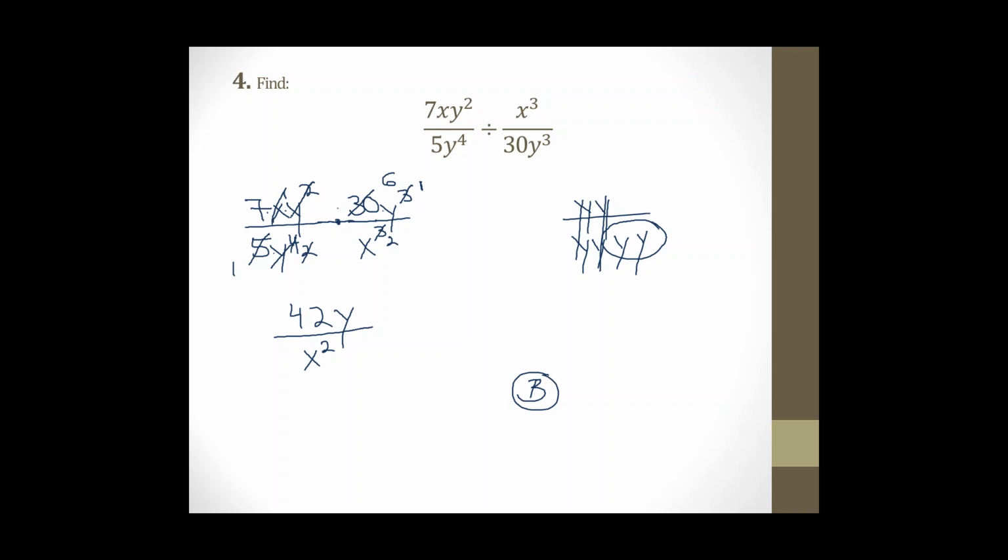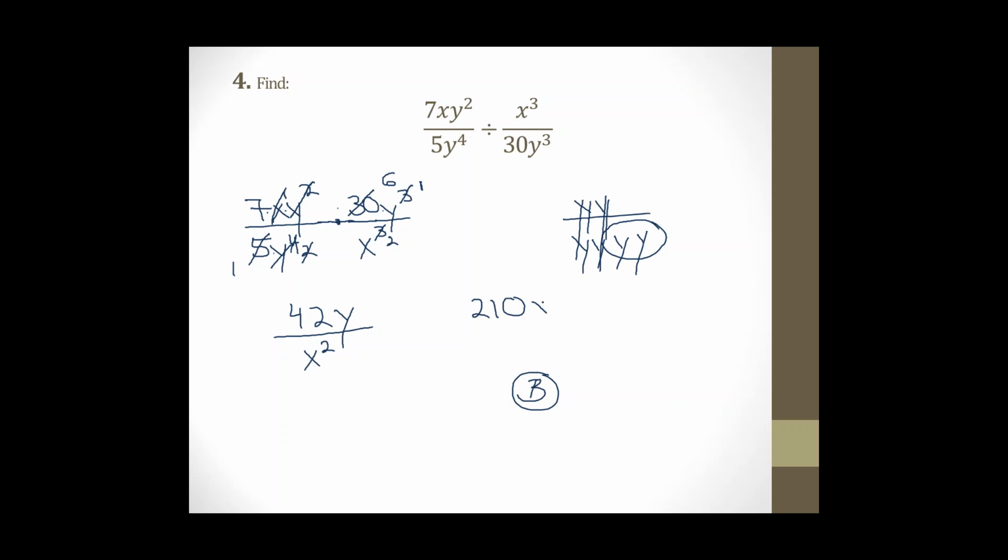Like I said in the beginning, you could have also first multiplied the numerator by multiplying the numbers: 7 times 30, which is 210. And when multiplying the variables, you add the exponents.